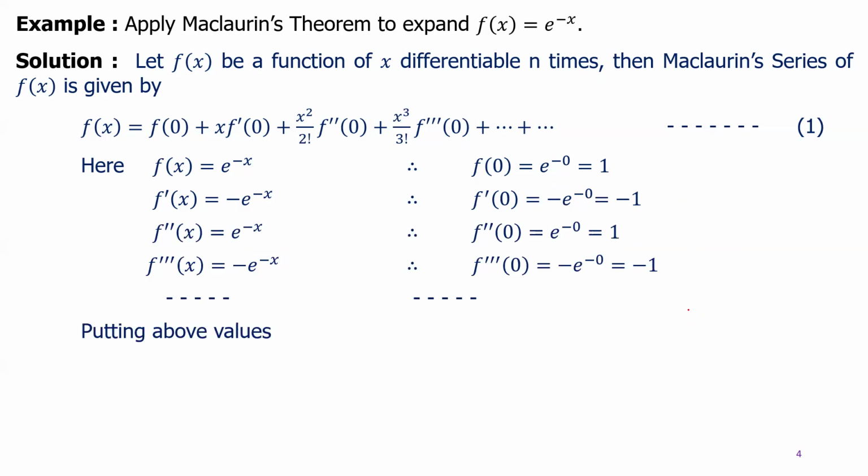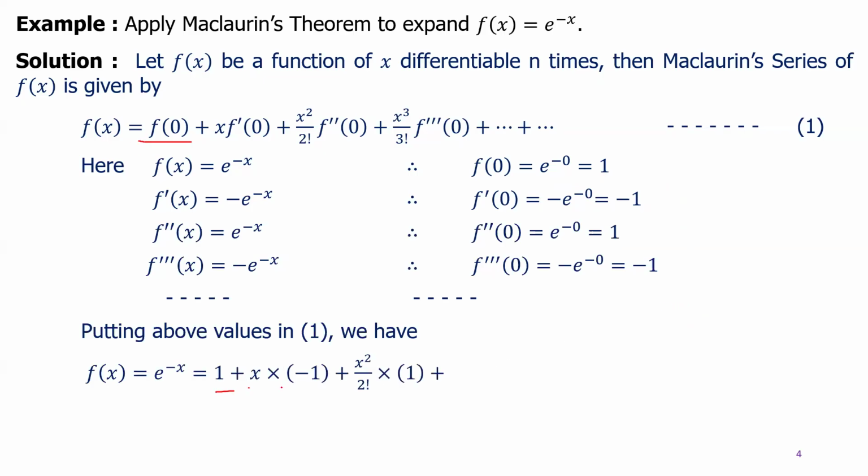So now putting all these values in equation number 1, we have the expansion of e to the power minus x. The first term is 1, x into minus 1, x square upon 2 into plus 1, x cube upon 3 factorial into minus 1. So when the power of x is odd, we get minus 1. When the power of x is even, we get plus 1.